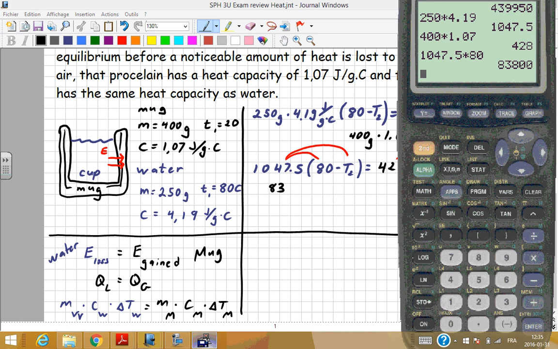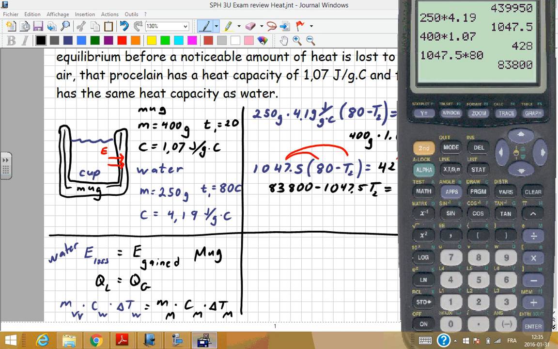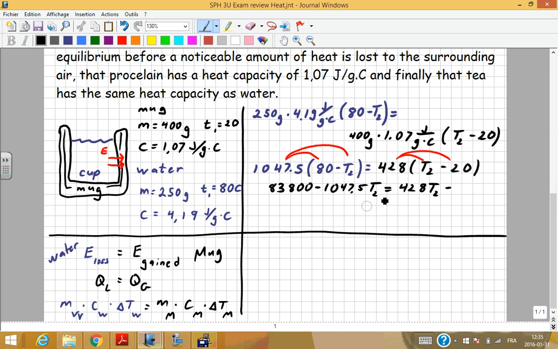So 83,800 minus 1047.5 T2. We don't know what T2 is, so it's just a variable multiplied by a number. Equals 428 T2. That's easy. Now we have to multiply 20 times 428. We get 8560.